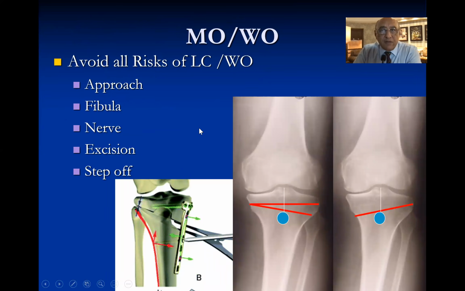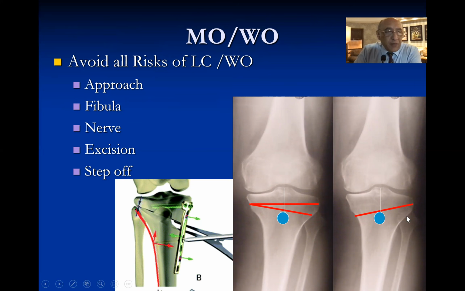That's why came the idea of medial opening wedge osteotomy, by doing a cut from the medial side and opening a wedge. This avoids the risk of doing the approach laterally and opening the anterior compartment.